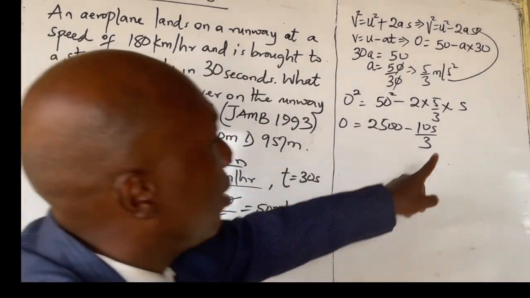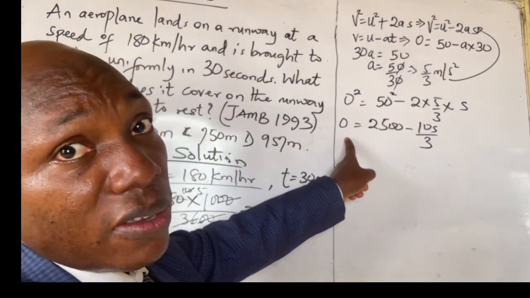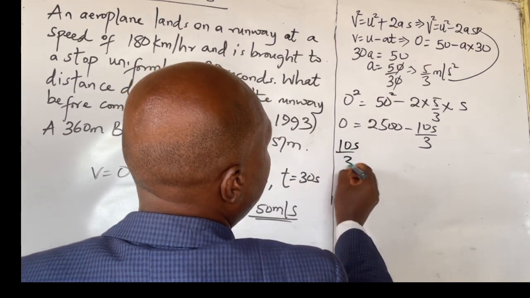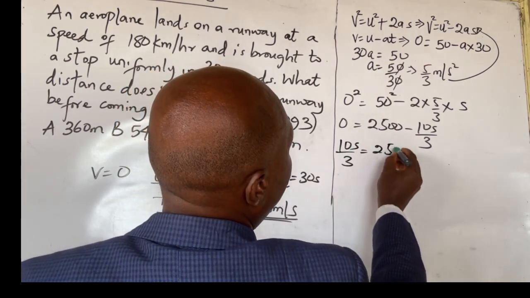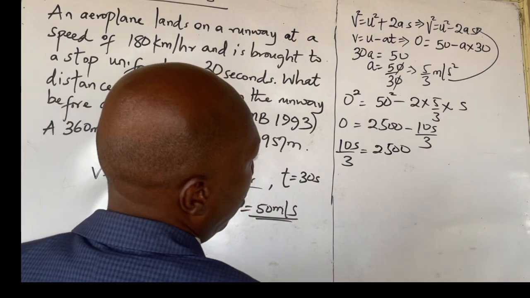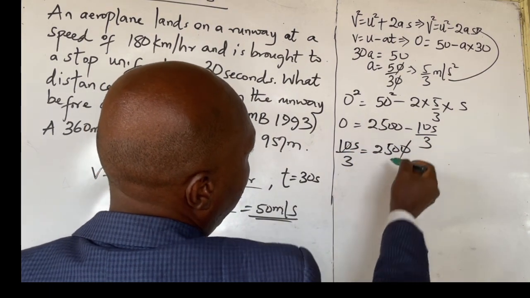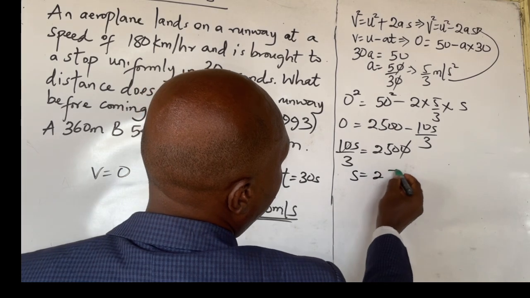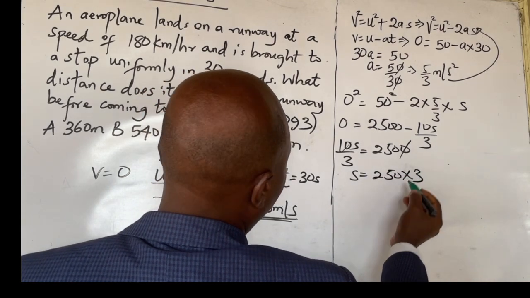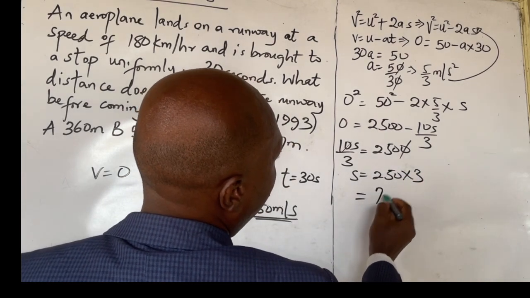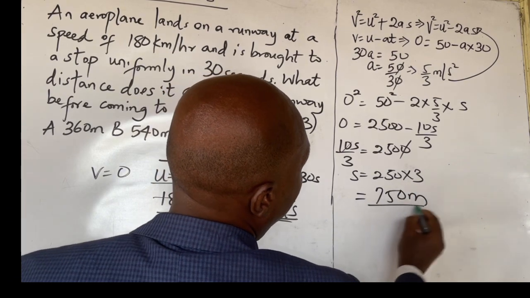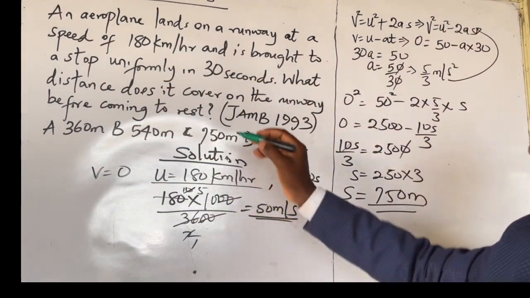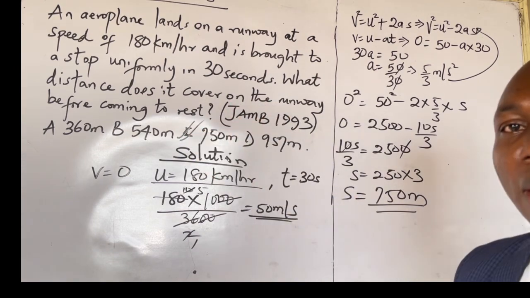When we bring this here, if it crosses the equal sign, it becomes plus. So 10s over 3 equals 2500. 0 can cancel 0 here. So we have s equals 250 times 3, and 250 times 3 is 750 meters. So our distance in the question is 750 meters.